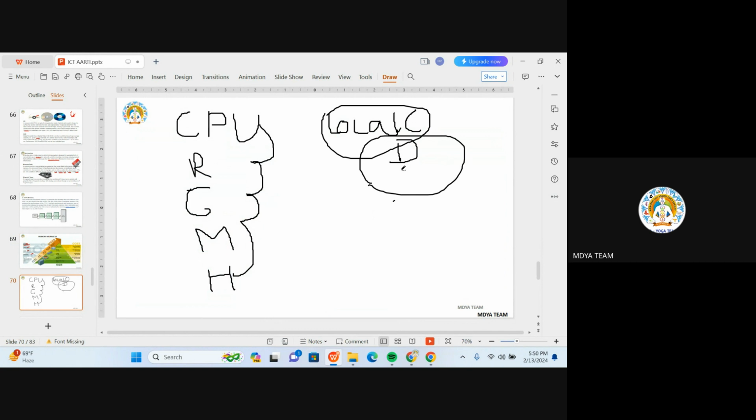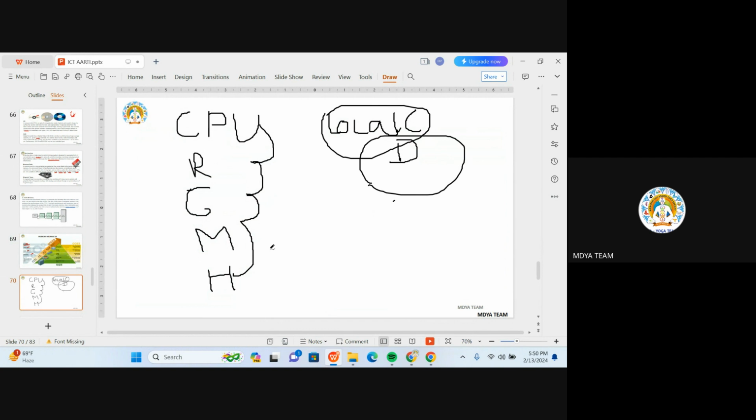Who creates this address? The CPU creates the address, but the data is stored in the secondary memory. Why? Because the CPU doesn't know about secondary memory. It just generates the address and gives it to the registers, then registers give it to the cache memory, cache memory gives it to the main memory, and main memory gives the address to the storage device.